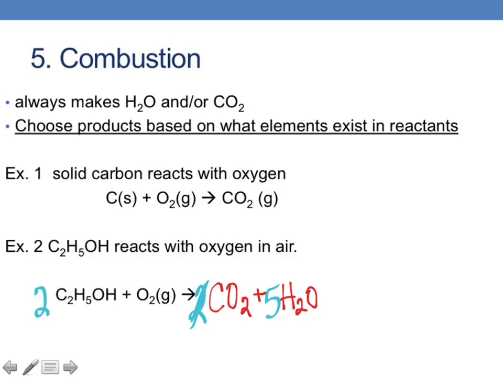Sorry. We got it. 6 hydrogen, so I need a 3 there. So 6, 7, 8. 3, 5. Oh my gosh, I can't even count. Goodness. Oh my goodness, what is wrong with me?